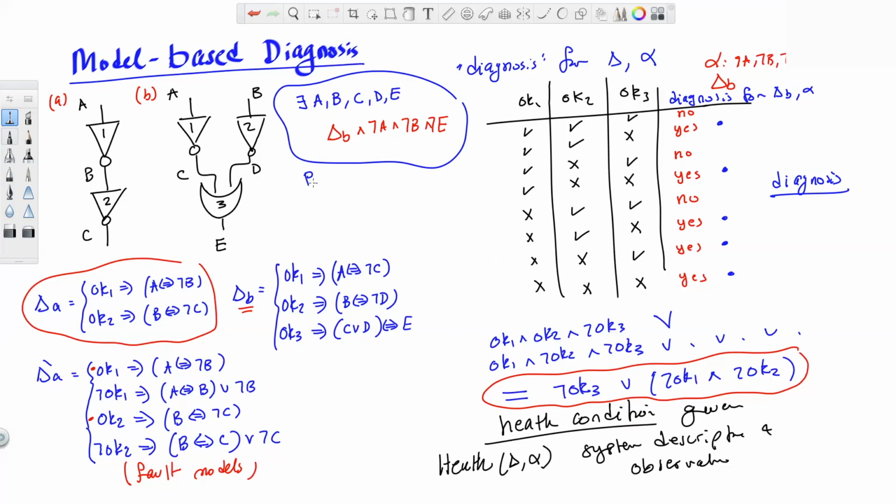That means I am projecting on what? I'm projecting on OK1, OK2, or OK3. This would be all that I can conclude about these particular variables. And if you do this in this particular case, you will end up getting this expression here.